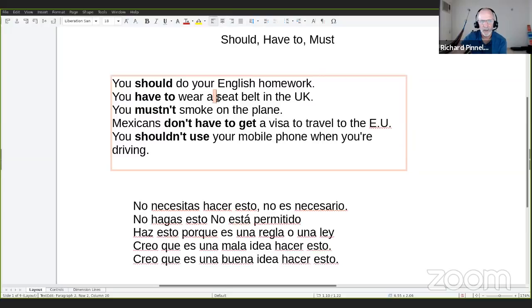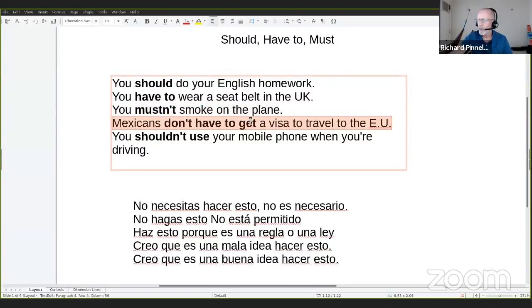Seatbelt is cinturón, you know, en el carro, en el coche. Y UK is United Kingdom or Reino Unido. The next one, you mustn't smoke on the plane.